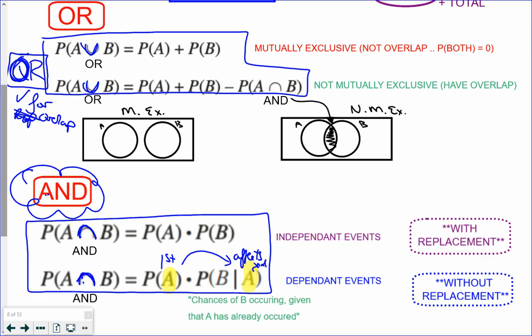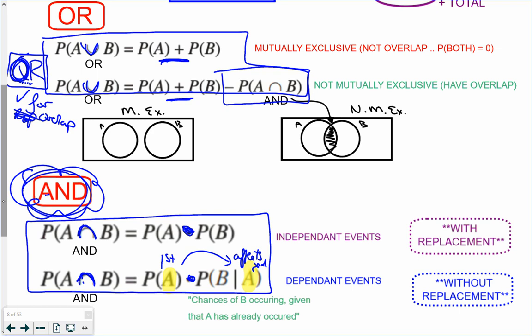And questions, and all you do is multiply. Or you add, but you may have to subtract as well. The ands are easier. Because the and is just first times second. Every single time.